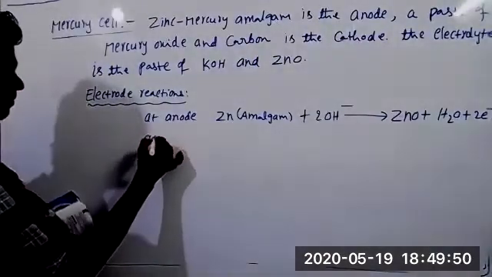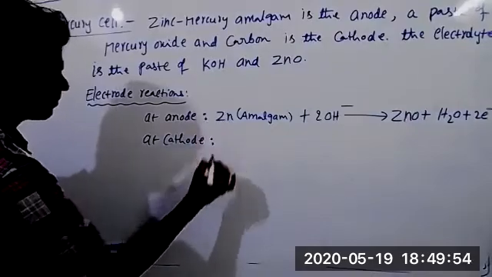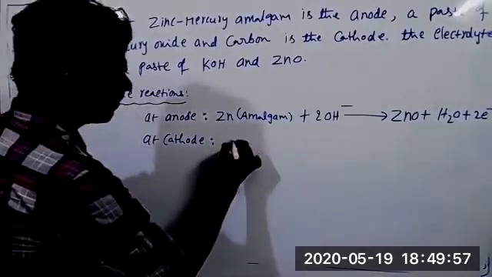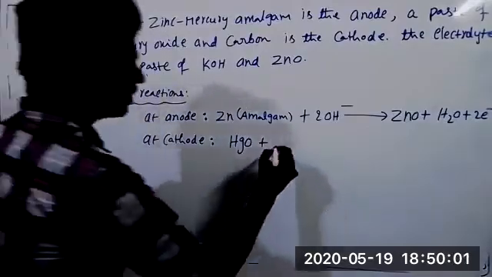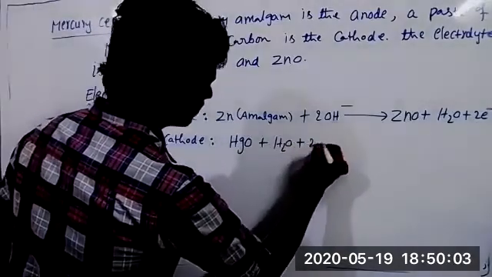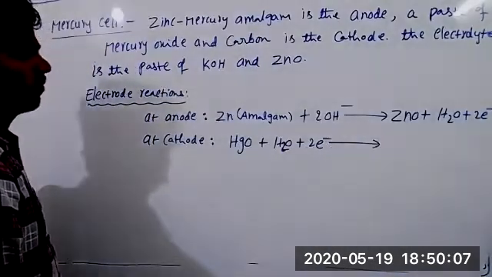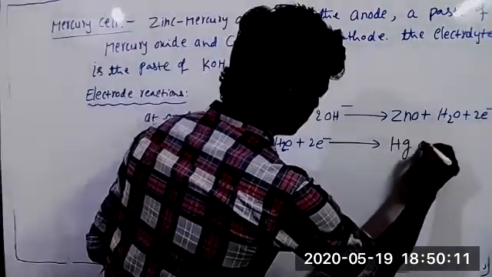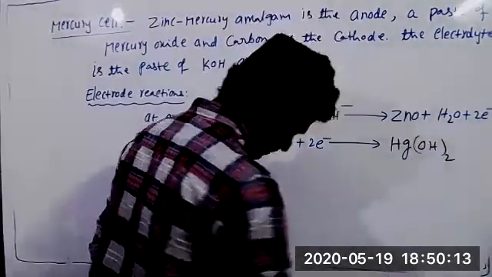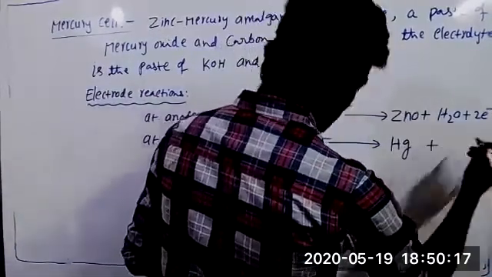At cathode, mercury oxide plus H2O and 2 electrons gives mercury, sorry, only liquid mercury, plus 2OH-.